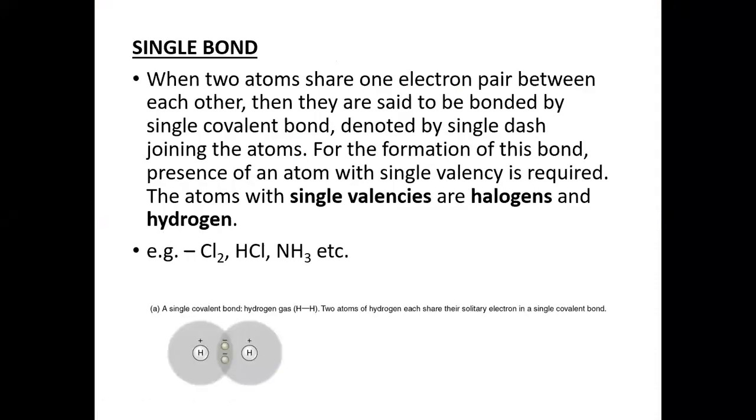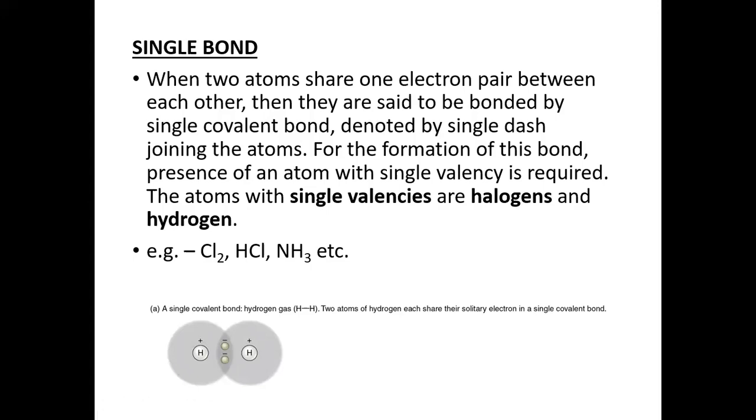So I know you already understand about single bond, right? Where two atoms share one electron pair. So we call it a single covalent bond, which we denote as a single dash, right? Usually the formation of this bond we consider as single valency.